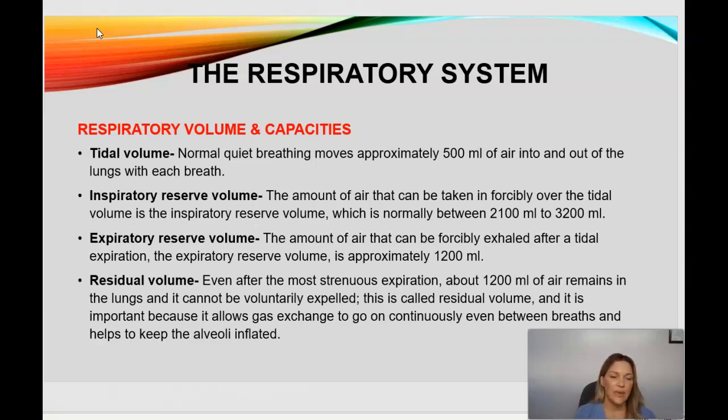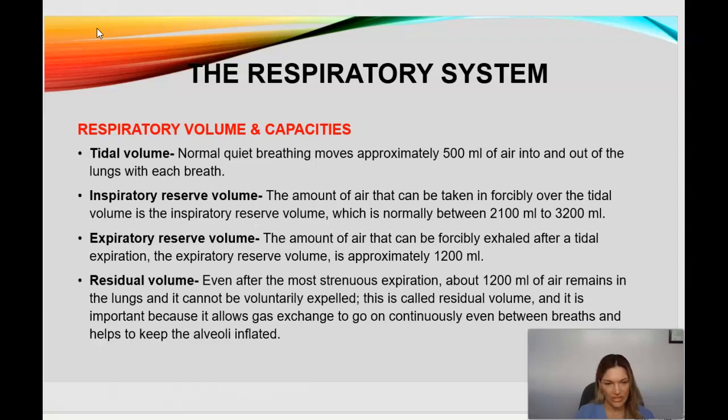Then we have the expiratory reserve volume, and this is the amount of air that can be forcibly exhaled after a tidal expiration. So after a normal expiration, the expiratory reserve volume can force out approximately 1,200 mLs more of air.